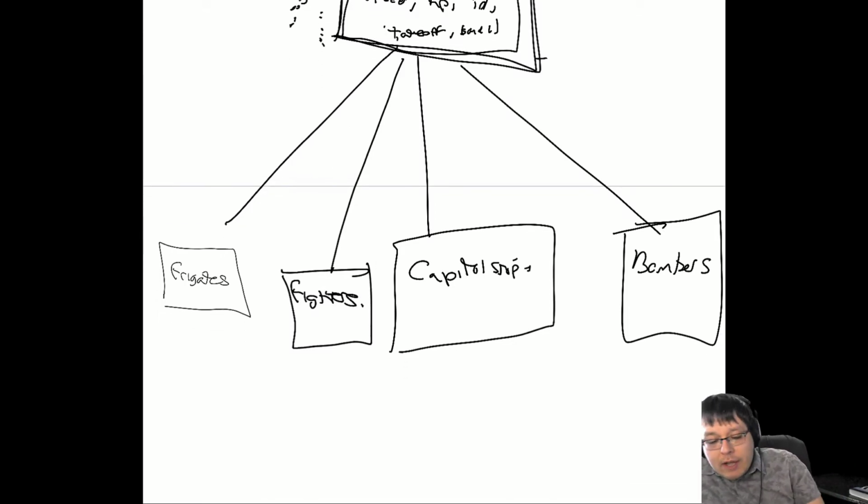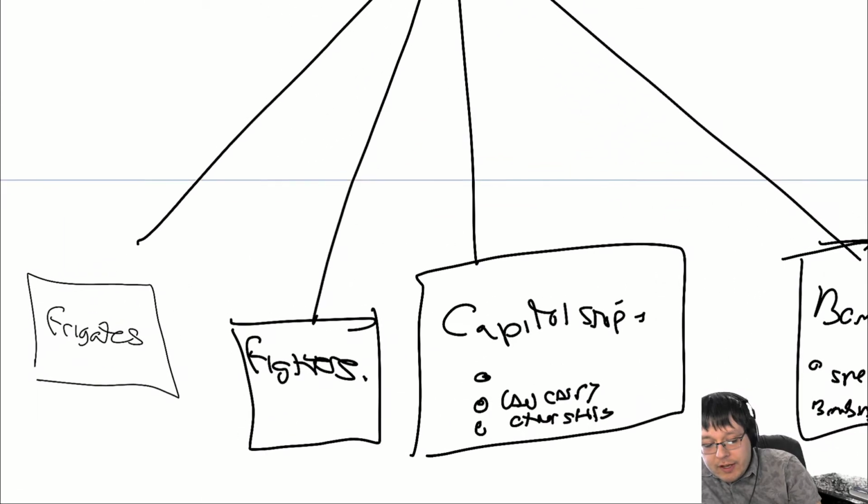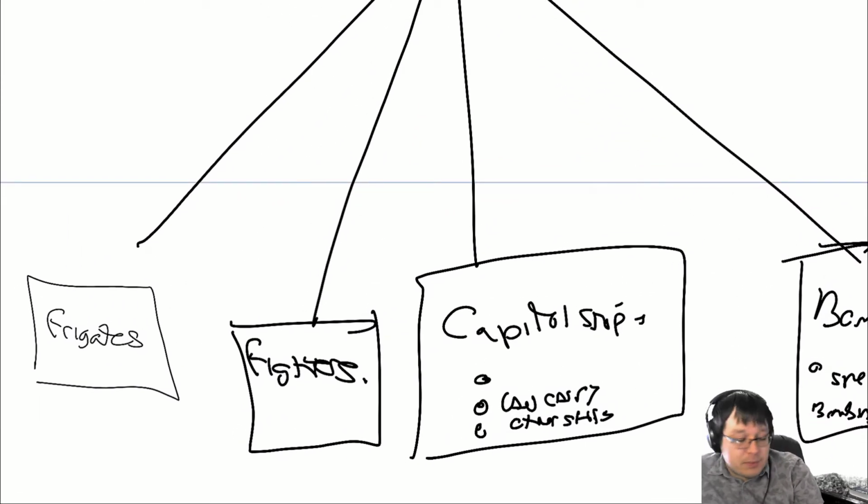So why are they different? Because maybe the capital ship has the ability to carry other ships. The bomber has special weapons, but in addition to that, it might have special bombing tech. The frigates are bigger ships, so in addition to more capacity, they might have a type of frigate.